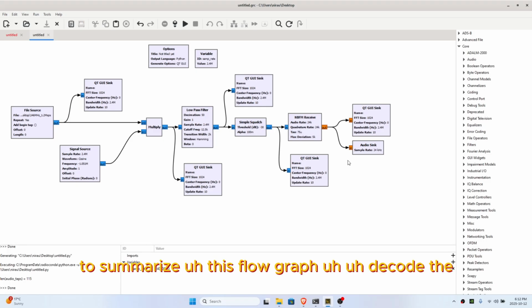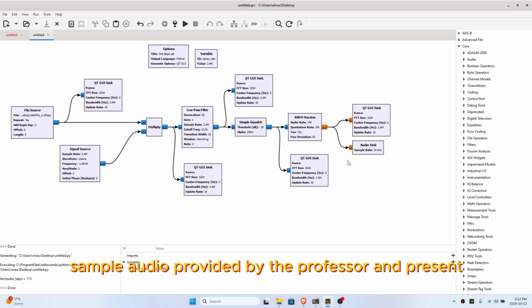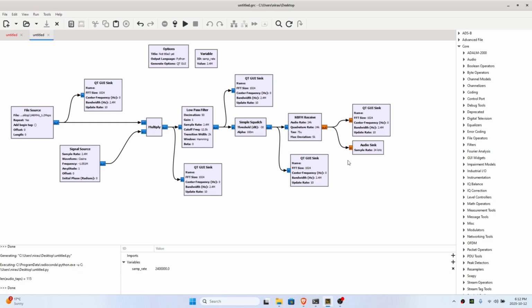To summarize, this flow graph decodes the sample audio provided by the professor and presents the output, which can be clearly heard without the background noises.